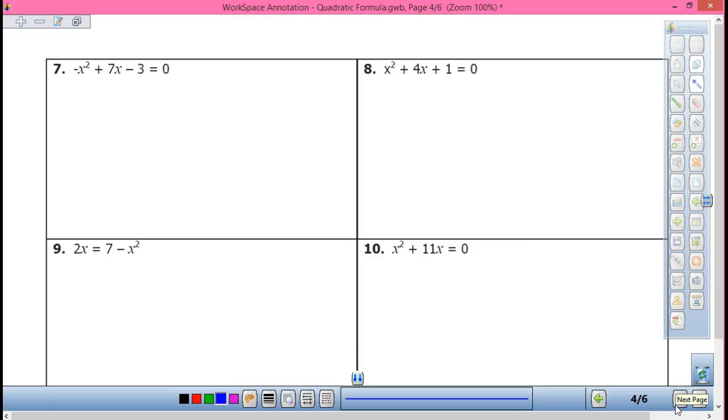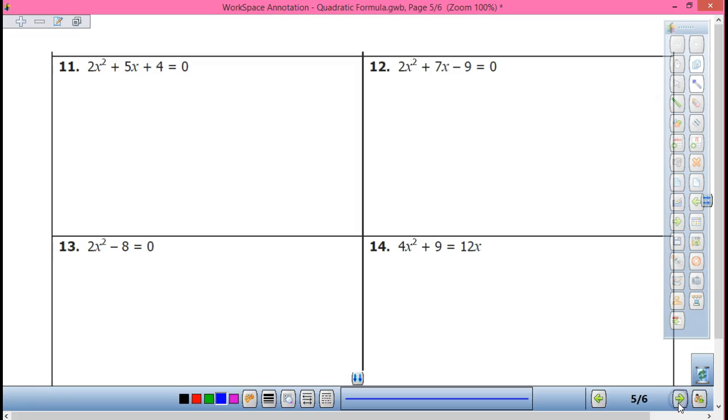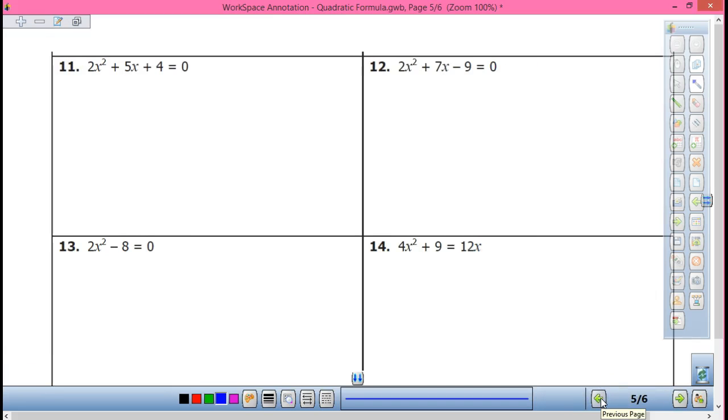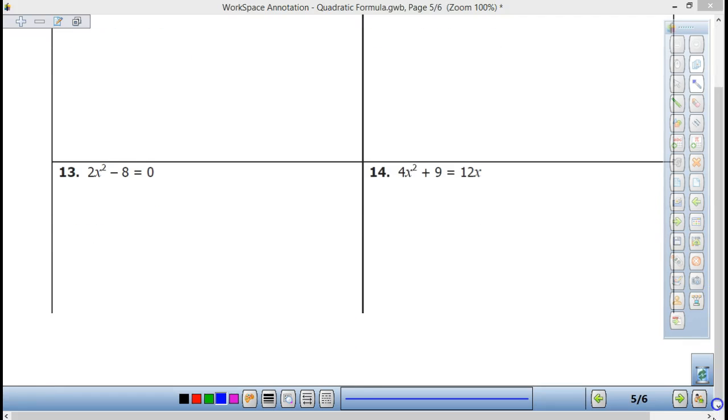Alright, flip your page. We gotta talk a little bit about some stuff that happens over here. Let's do 14. Alright, so 14. We gotta get it in standard form, right?